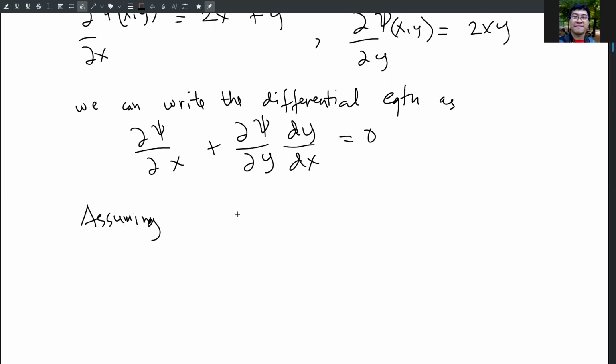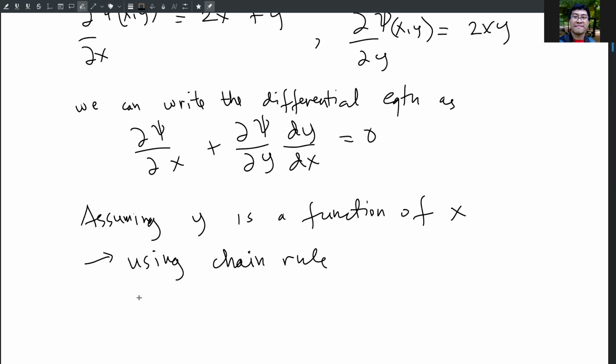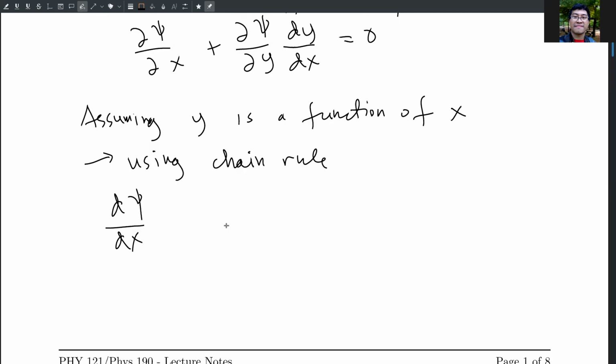If we assume that y is a function of x only, then if we use chain rule, you have d psi by dx, where psi is a function of x and y. This is d by dx of x squared plus xy.